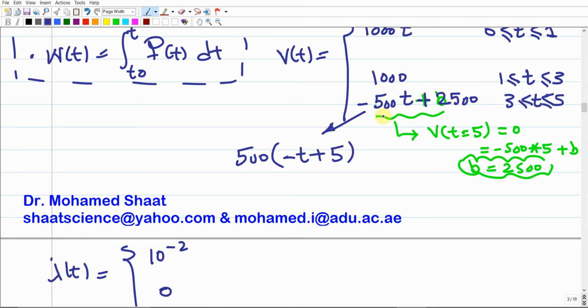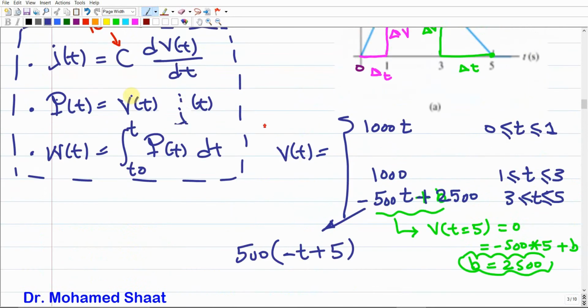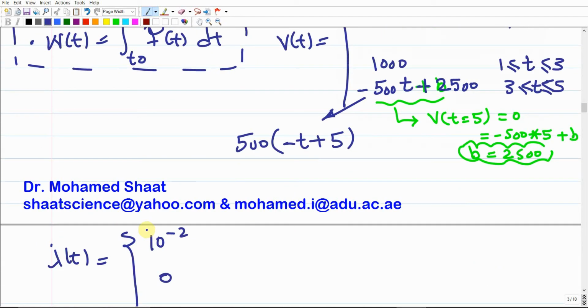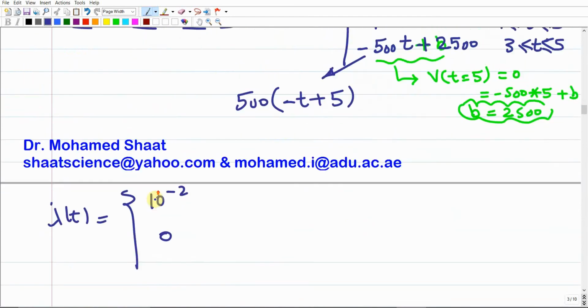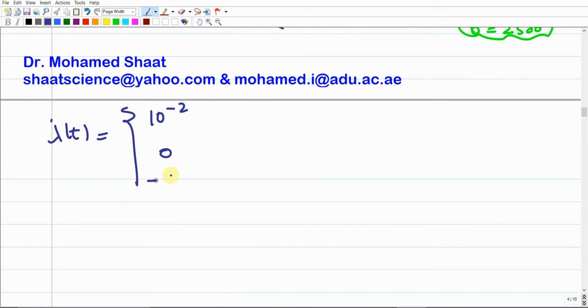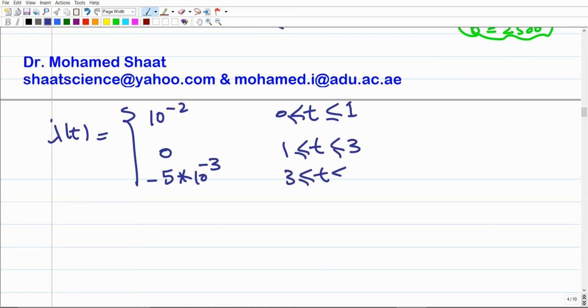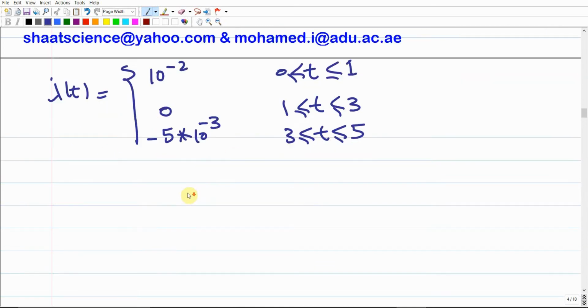Here we're just going to end up with negative 500 times 10 to the power negative 5. This is going to give us negative 5 times 10 to the negative 3. This is within the time period from 0 to 1, this is within the time period from 1 to 3, and this is within the time period from 3 to 5. Make sense? So this is for the current.